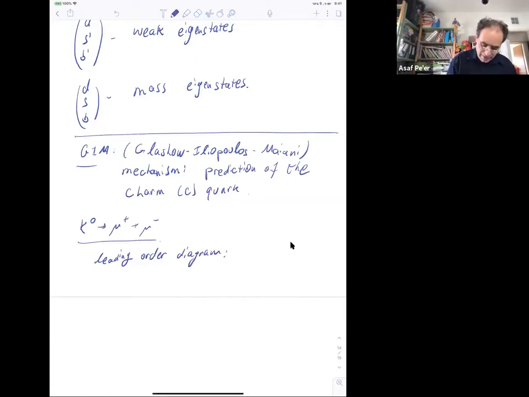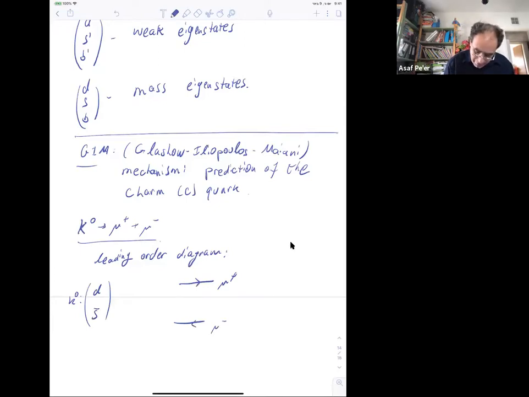The K0 is made of a D and an anti-S. So they decay into the muon plus and muon minus. I'll write it like that because it's easier to demonstrate what I want to say. It will go into a mu plus and mu minus.